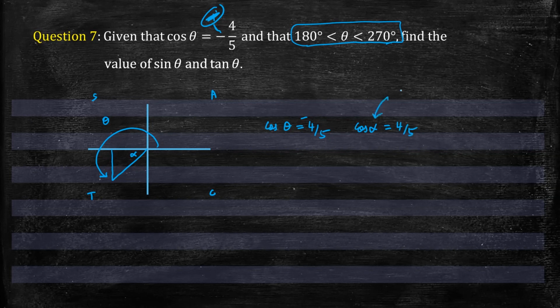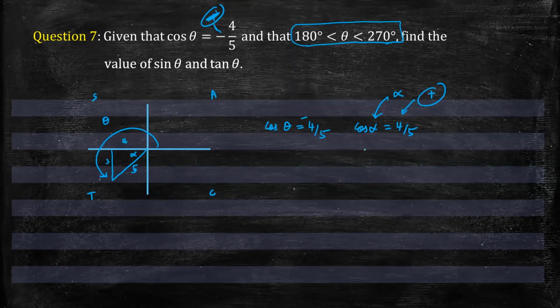And when we're dealing with alpha, we keep our ratios always positive. And we can go back to negative signs when we do the final answer if we need to. So cos alpha is 4/5. So look at your diagram. Cos is adjacent on hypotenuse. So this has to be 4 on 5. And by Pythagoras, this length would be 3.